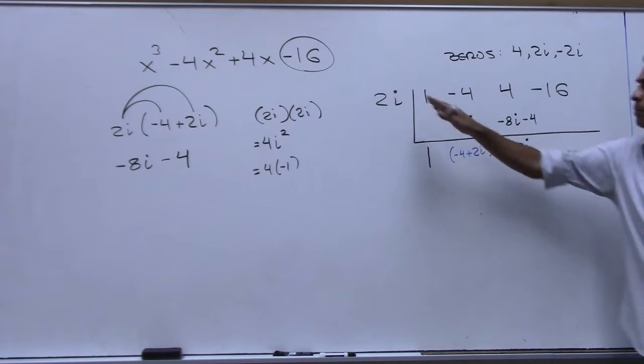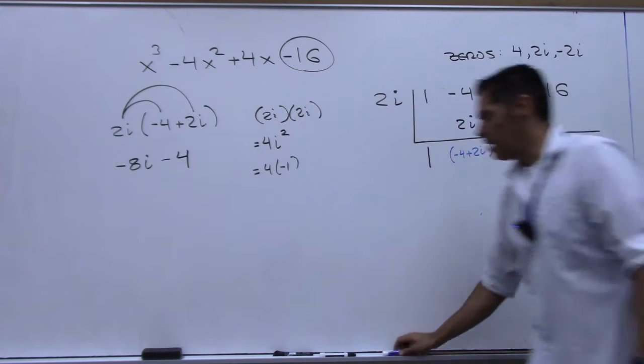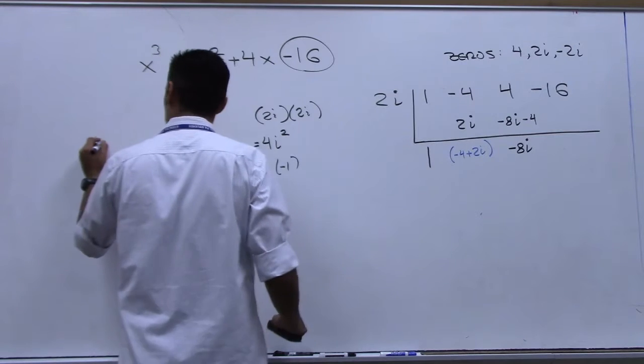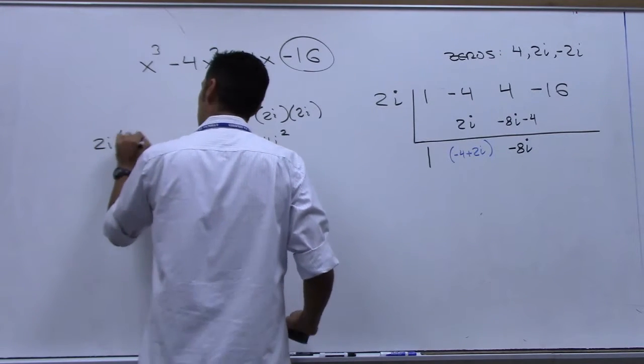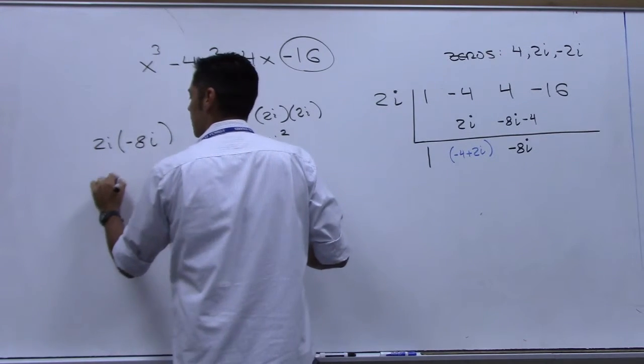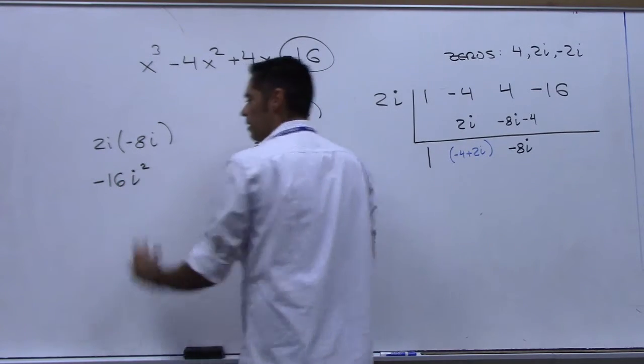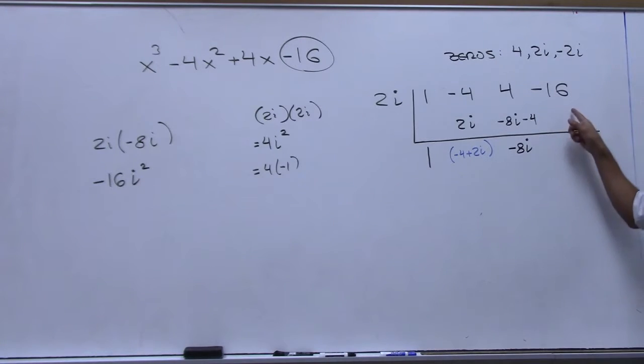What happens if I multiply 2i times negative 8i? You get negative 16i squared. i squared is negative 1.